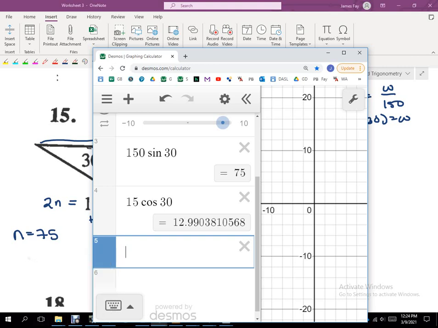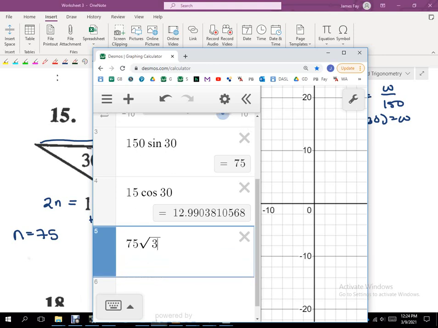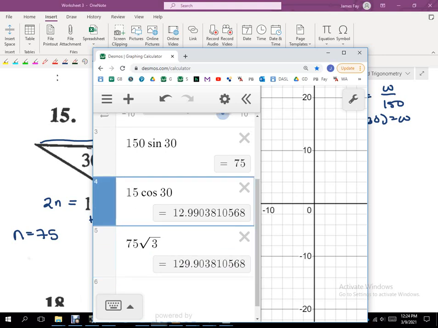And I only know that number to be accurate really to that decimal place right there. But if I type in 75 square root of 3, that is 100% accurate. Does that make sense to everybody? I typed 15 for it. That should be 75.